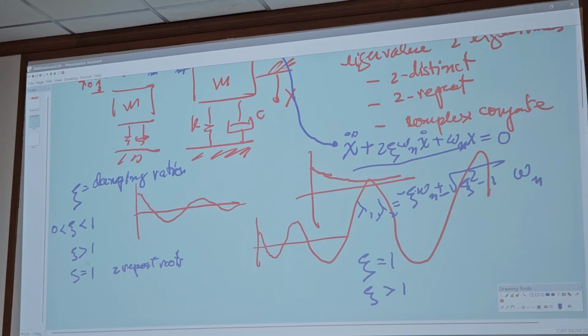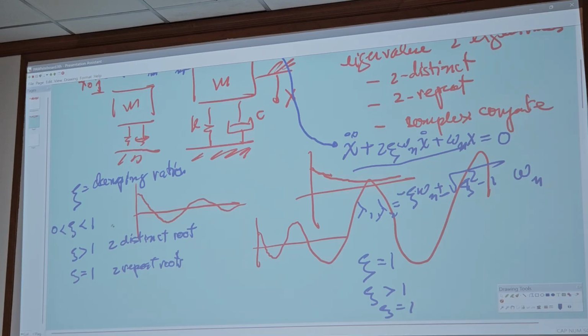If zeta is less than 1, you have complex conjugate roots.